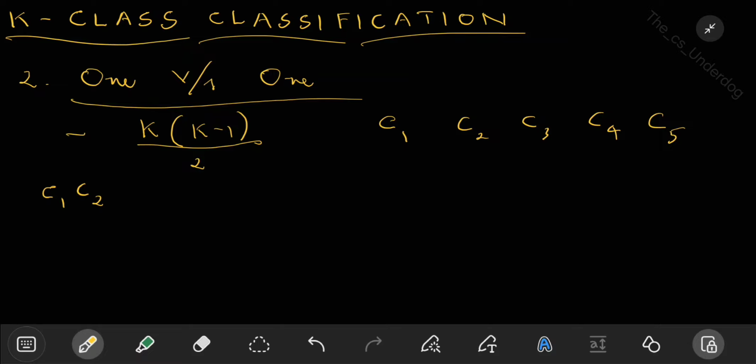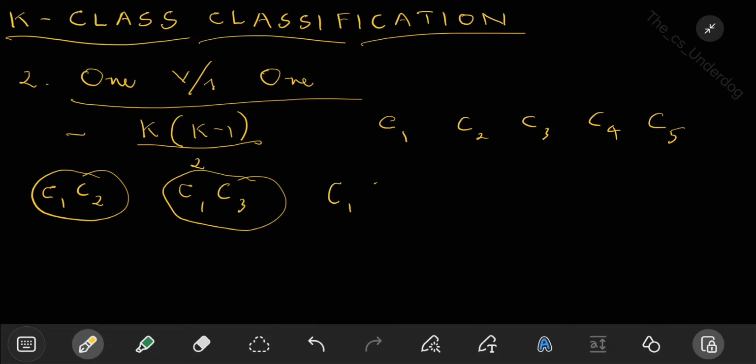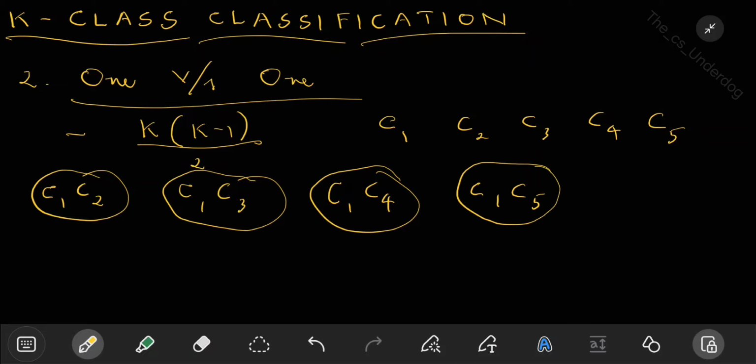So this classifier would say whether the point belongs to C1 or to C2. Among the two classes, which one does it belong to? The second classifier would say whether it belongs to, let's say, C1 and C3. Third classifier would say C1 and C4. Fourth one, C1 and C5. That is, among C1 and C5, which class does our input point belong to? This is what this classifier would decide.